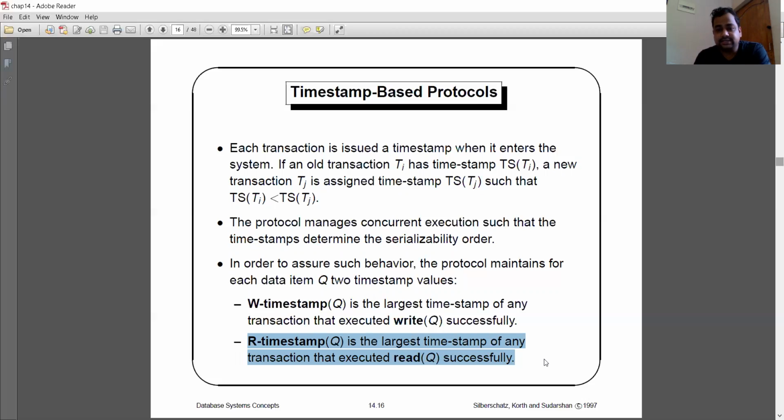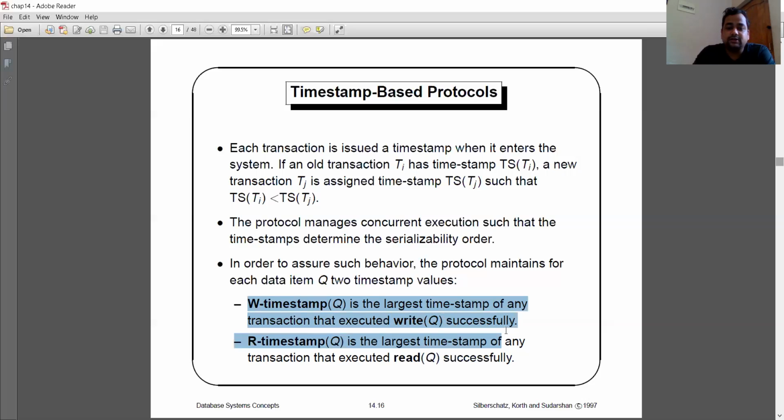It should be the largest timestamp among the transactions which execute the read of Q successfully. Q is the data item. It is denoted by RTS of Q. Similarly, what is the write timestamp?